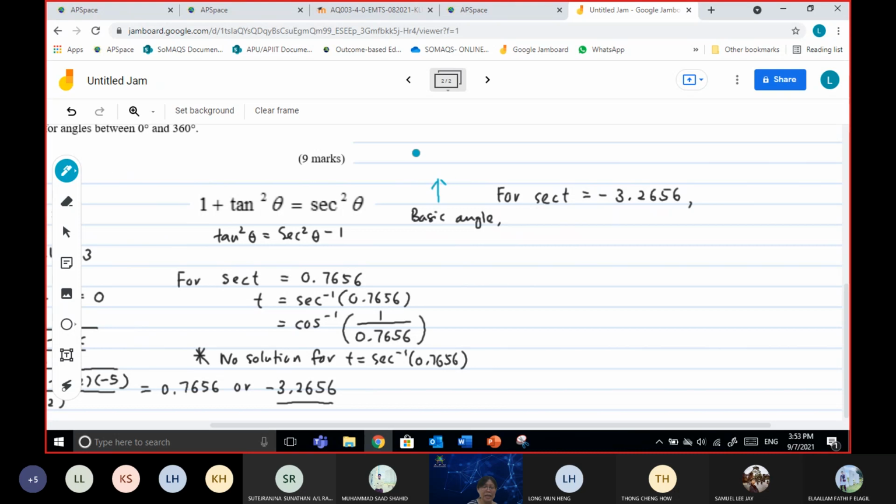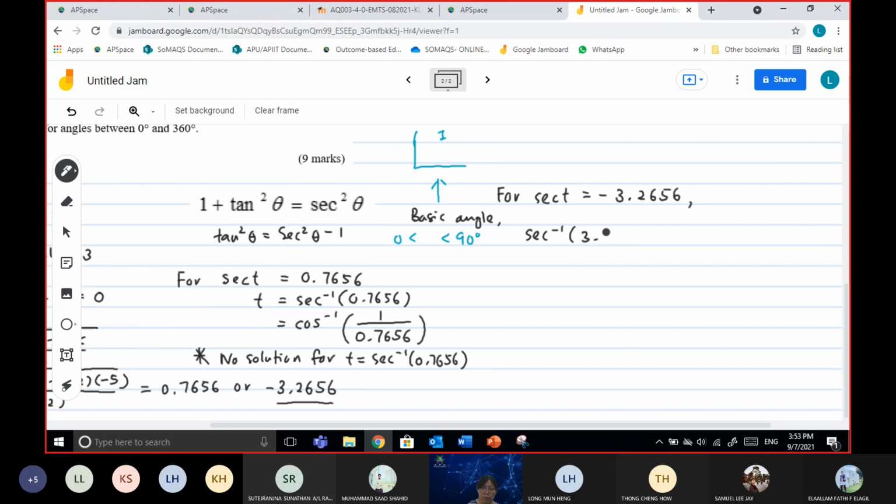It is the angle in the first quadrant, greater than 0 and less than 90 degrees. So now we would like to find the arc secant of 3.2656, without the negative.